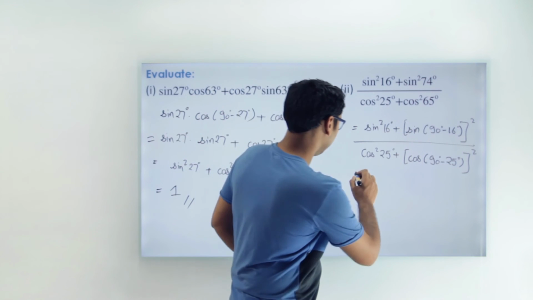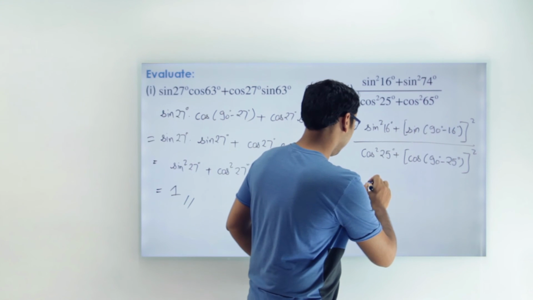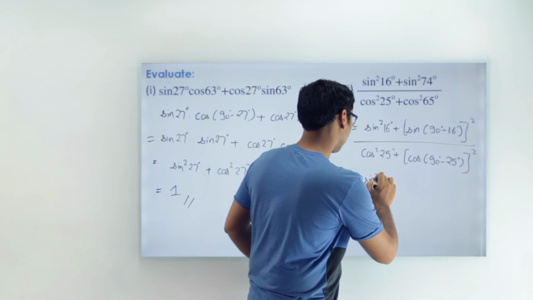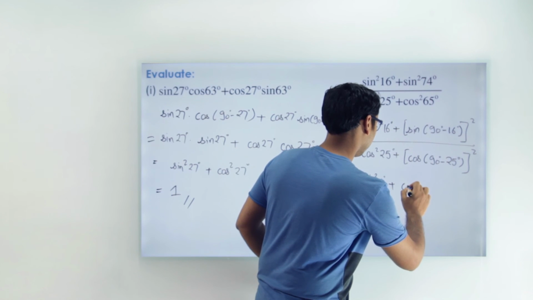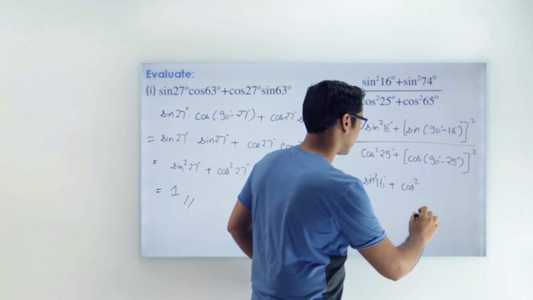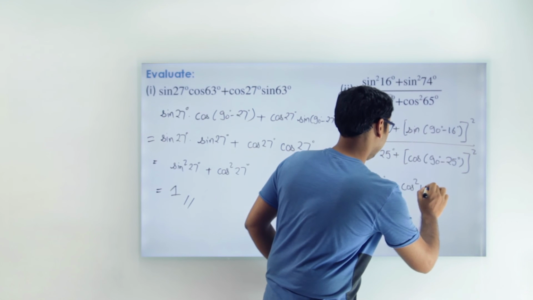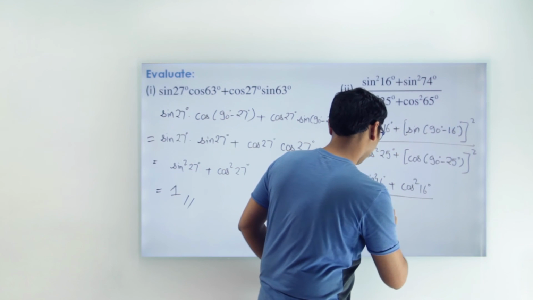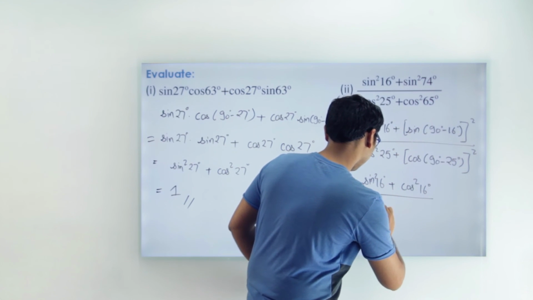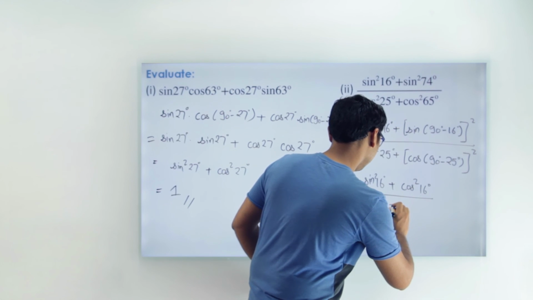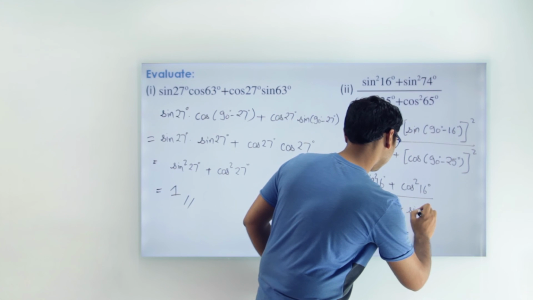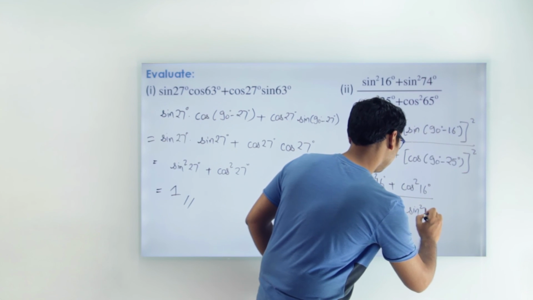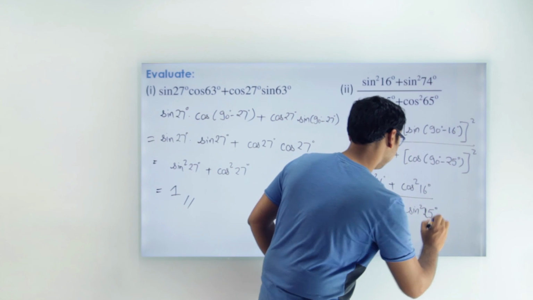So this will be sine square 16 plus cos square 16 degrees, whole upon cos square 25 degrees plus sine square 25 degrees.